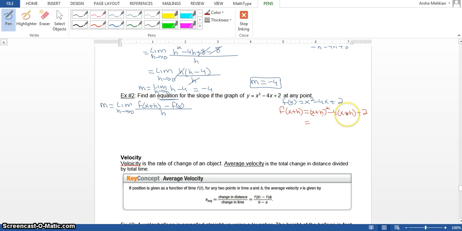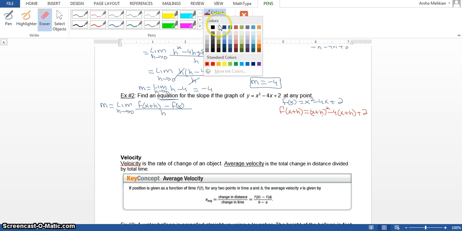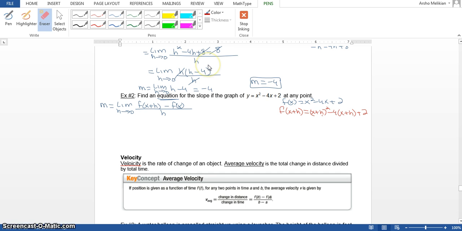So this is going to be x squared plus 2xh plus h squared minus, we distribute the 4, 4x minus 4h plus 2. So finally, f of x plus h is equal to x squared. Well, there are no like terms here.